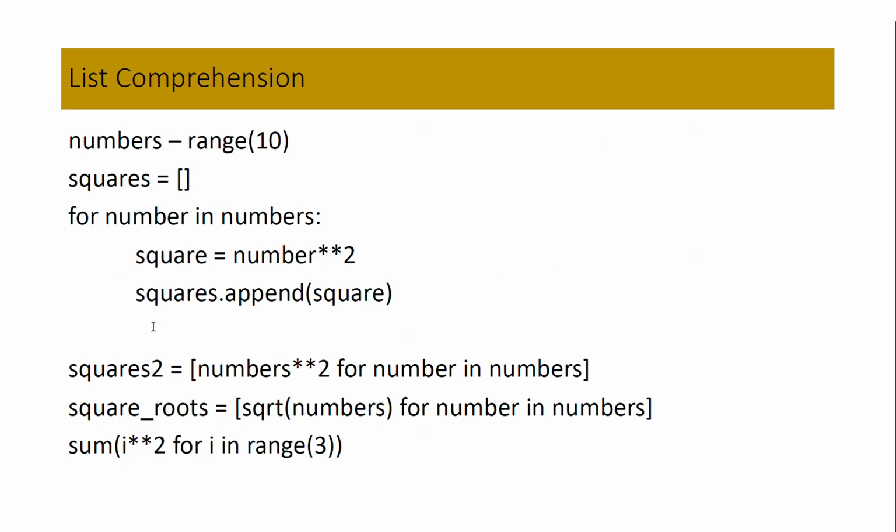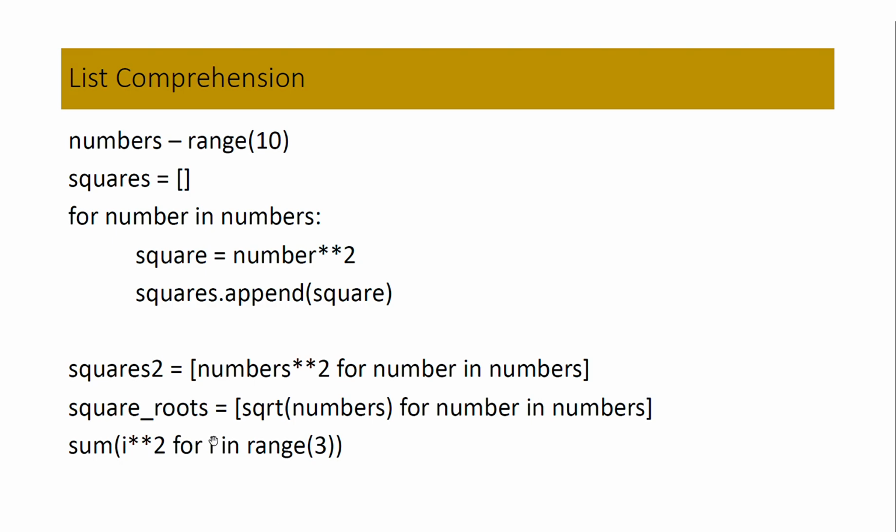List comprehension: numbers in range. Square brackets, for numbers in numbers. Square equals numbers double star 2, which means you square it. Square appends the square. So square2 equals number star star 2, which is multiply 2, for numbers in numbers.